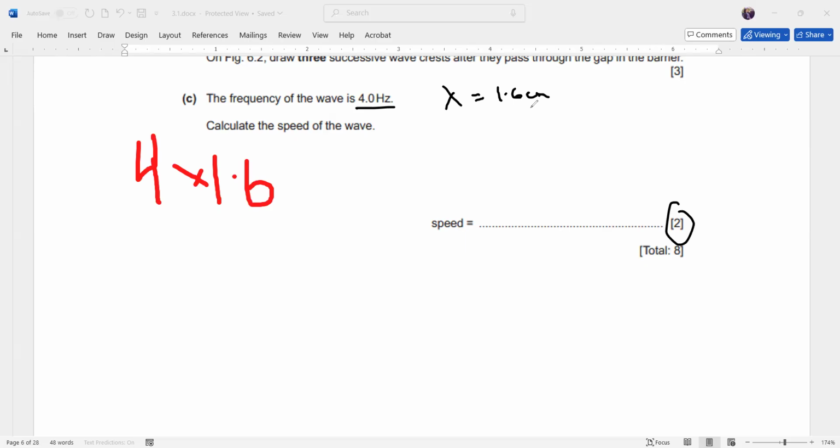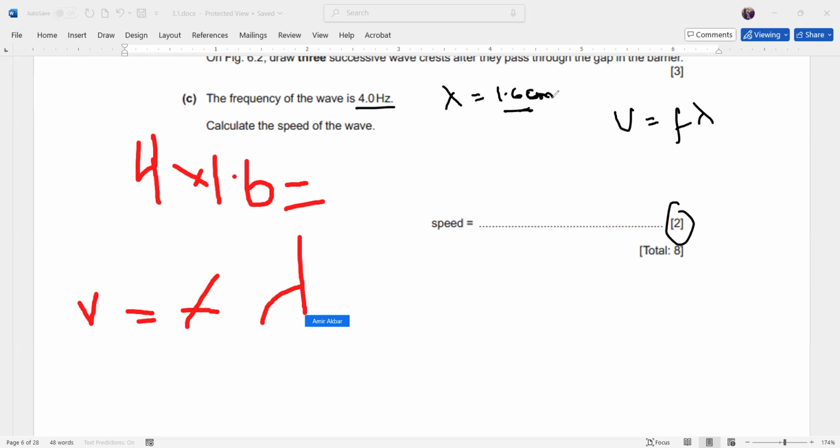So we have the formula v equals f lambda. But the wavelength is given in centimeter, so you have to convert into meter. If the frequency is in hertz and the wavelength is in centimeter, your final answer would be centimeter per second.